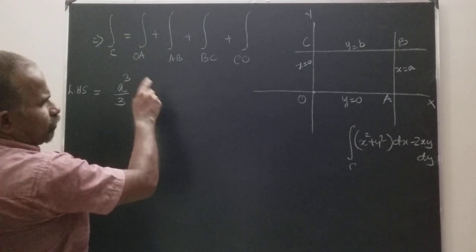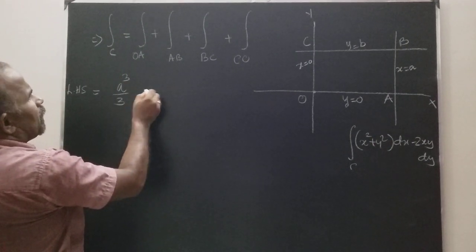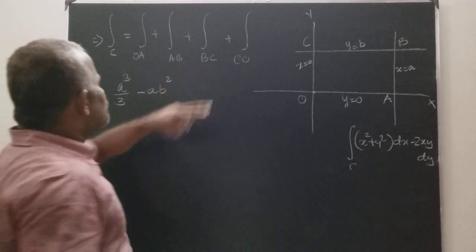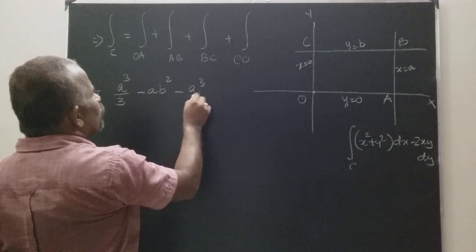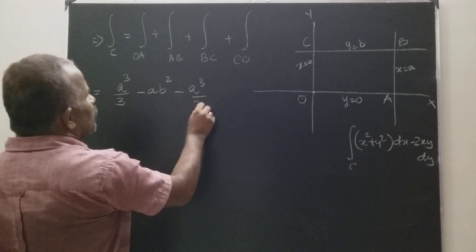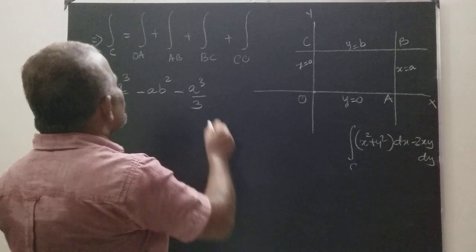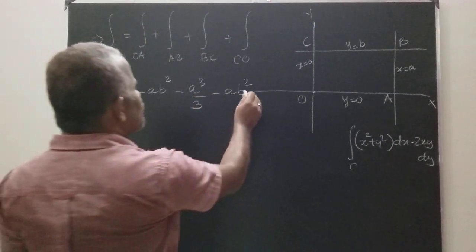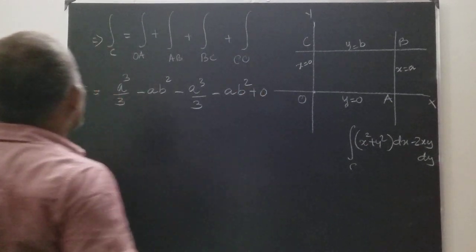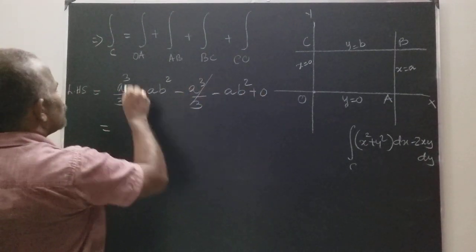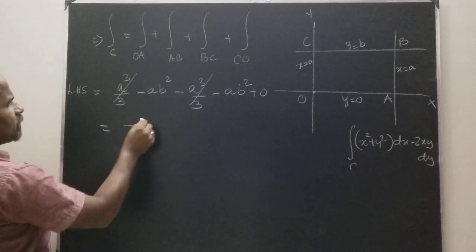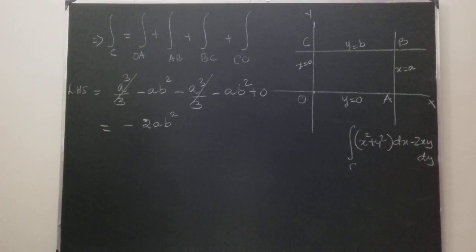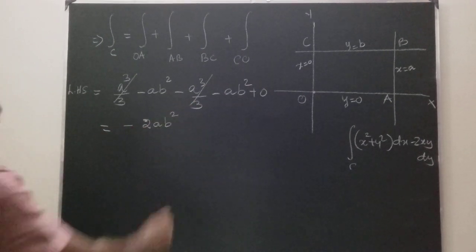The integral over AB is minus ab squared. So this is a cube by 3 minus a cube by 3 minus ab squared plus 0. So this is equal to minus 2ab squared.